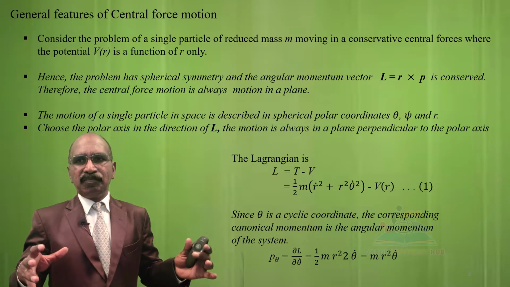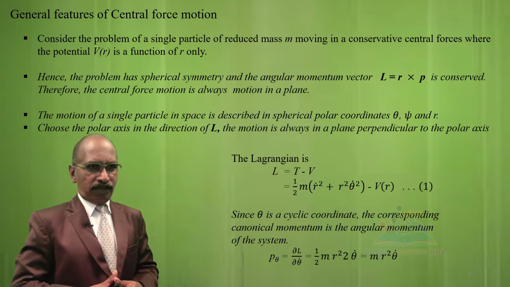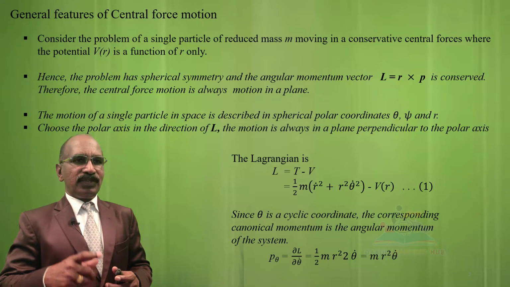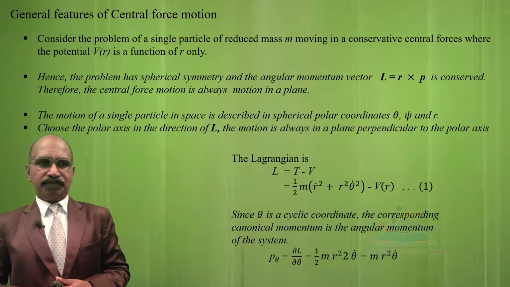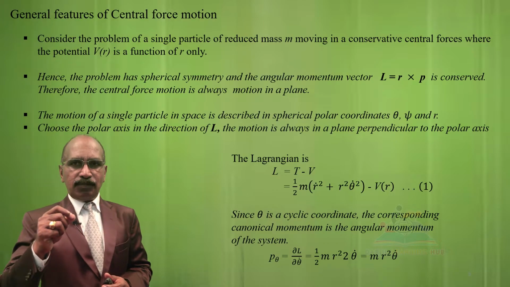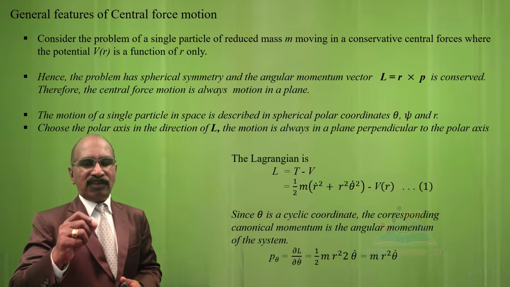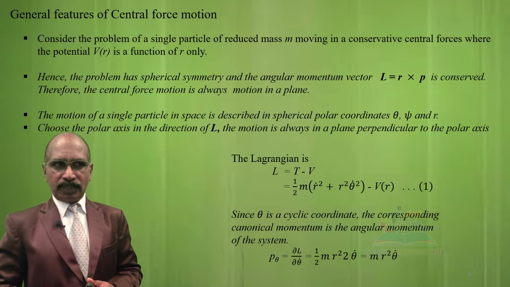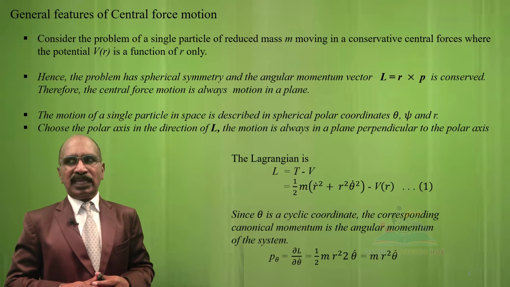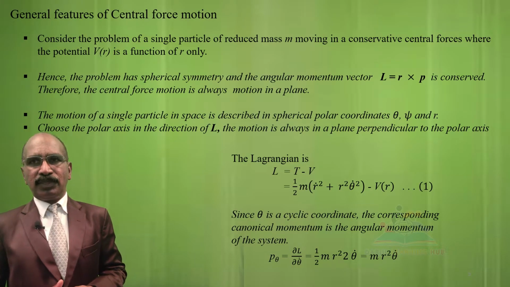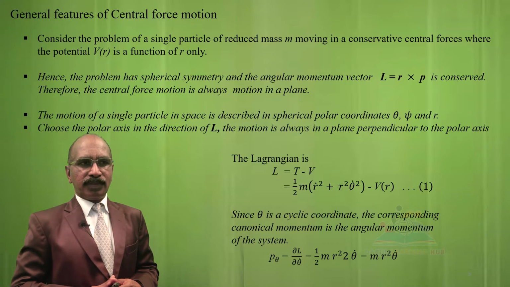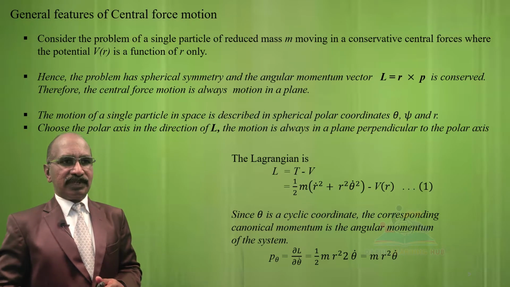So we have a single body problem, that means a one body problem, which has the reduced mass mu, moving in a conservative central force where the potential is a function of r only. Now the problem has spherical symmetry, so the angular momentum vector L equals r cross p, and it is conserved.